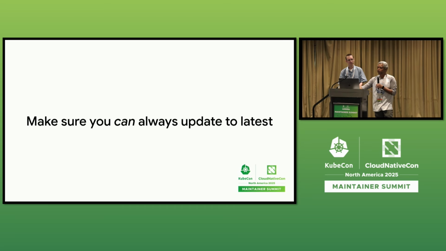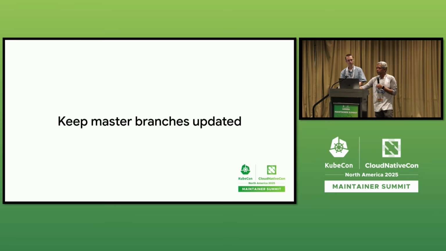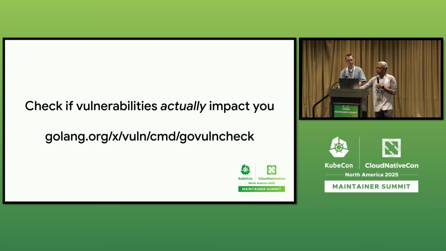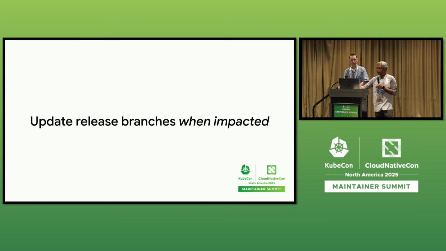So it's important for us to always be updated to the latest, and also to have as few things as possible in our inventory, only what we really need. We make sure that we don't have duplicates of things as well. So keep master branches updated, check vulnerability. We use go-vuln-check as well as Snyk, and then we also go back and update our release branches.